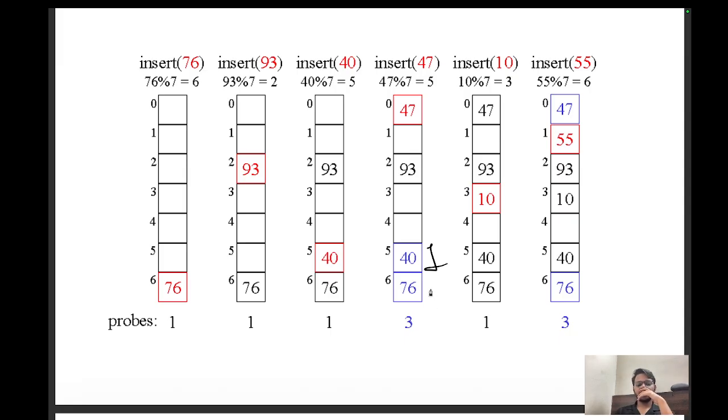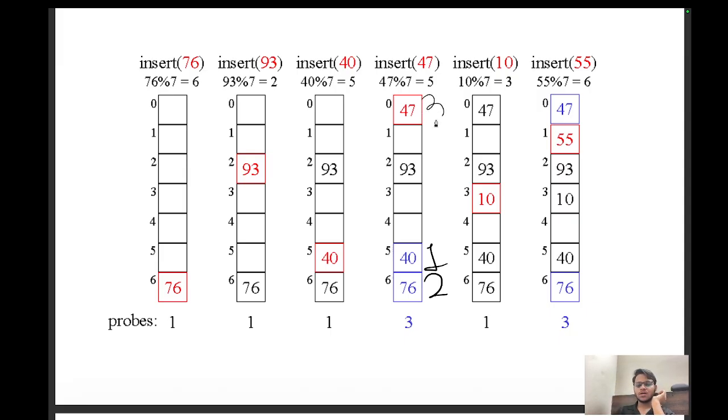So we moved on to 76. We took the second probe here, and then we also found that this place is not free. Then we moved on to the zeroth place of the hash table, and there we got the place which was vacant, and we stored the value here.